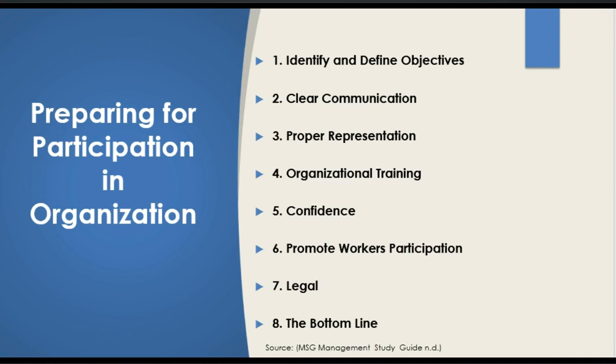Item number 2, clear communication channels can build trust and eliminate confusion for everyone. 3, employees need to be able to choose who represents them in order for them to feel safe and involved. 4, after objectives and communication is established, the whole organization needs to be informed and trained of how the participation strategy is to be implemented, the benefits received, and any disciplinary actions if anyone is not on board.